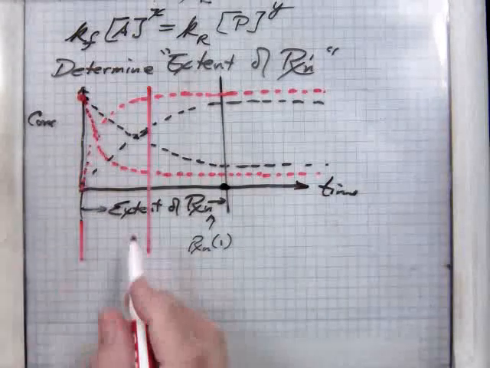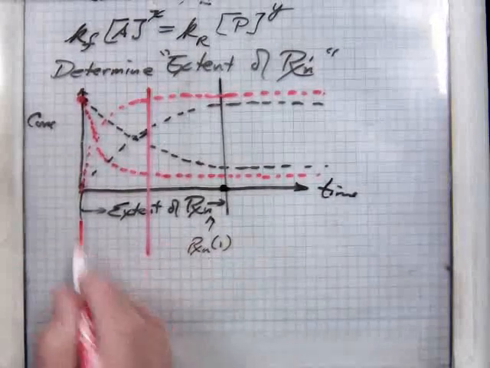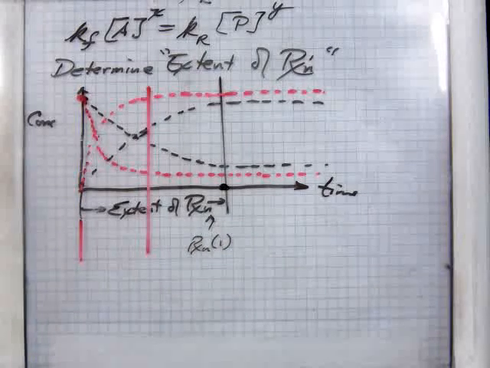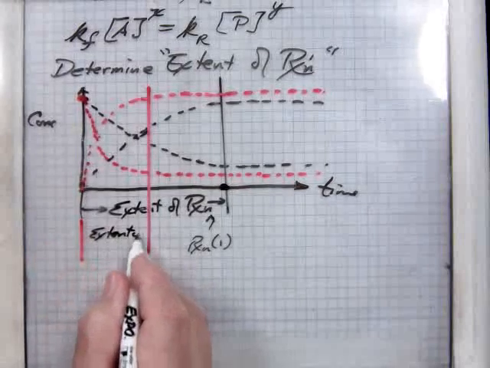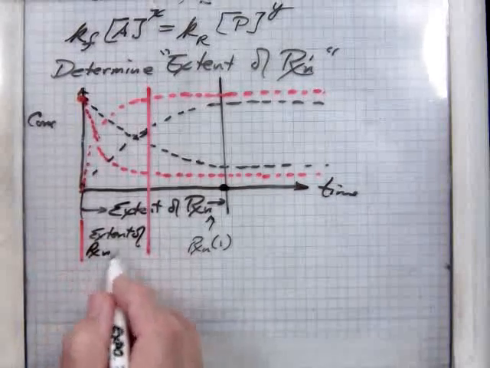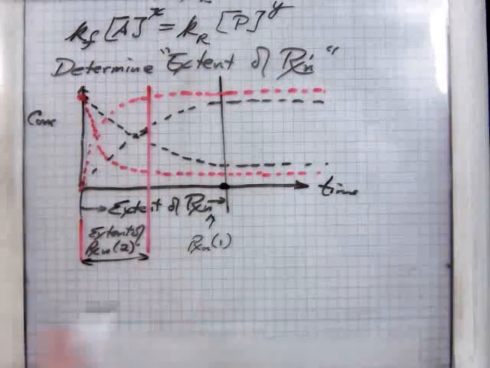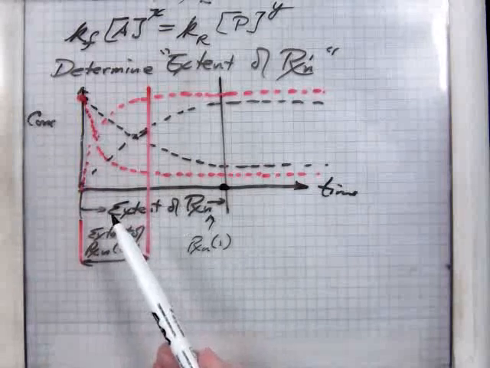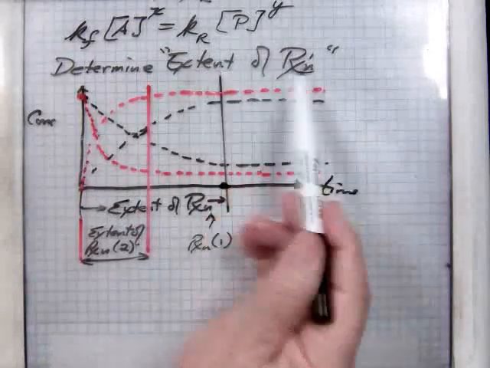So we're talking about extent of reaction 2 being between the red lines here.